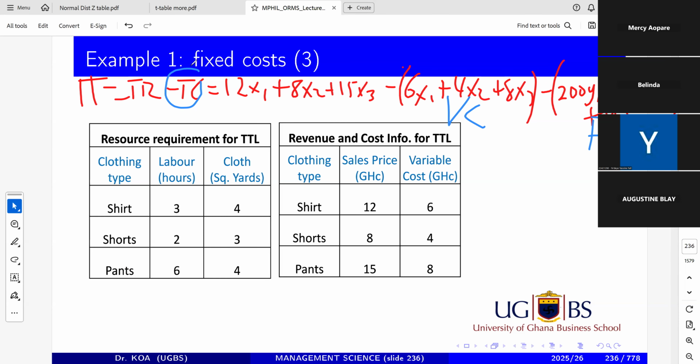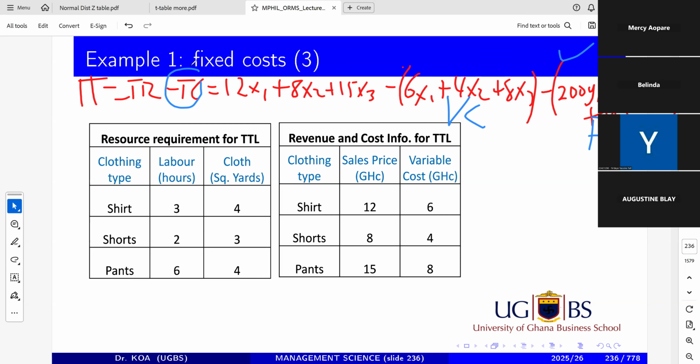I understand this minus, but I'm talking about the variable cost. It's supposed to be variable cost plus fixed cost. Because it's in brackets, the minus will affect the whole bracket. Yeah, but remember that I didn't put the whole bracket. The guy told me to split them. So you can see that there's minus here. Okay, sir. Yeah.